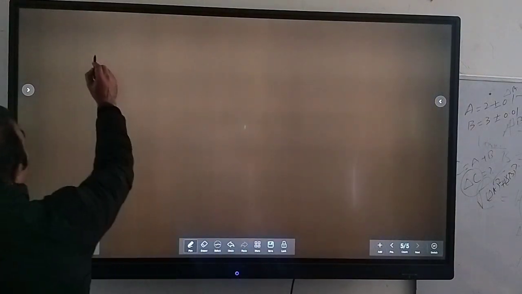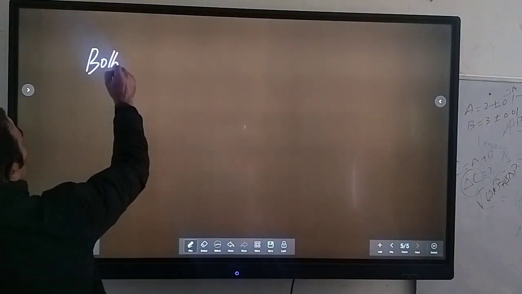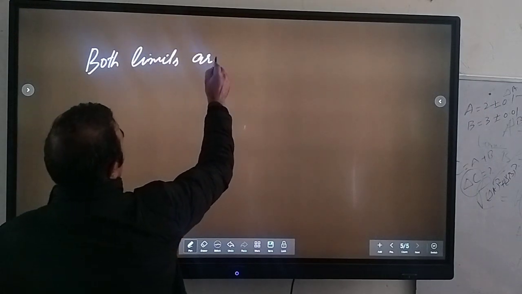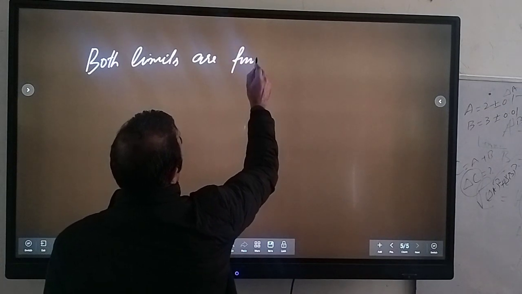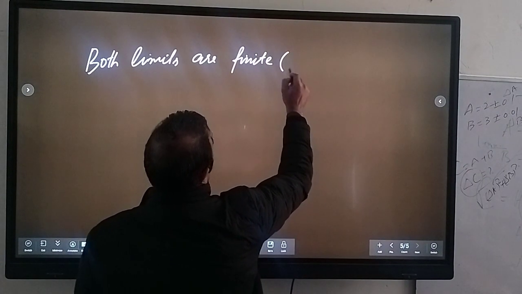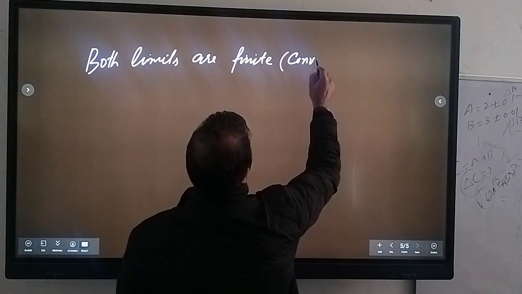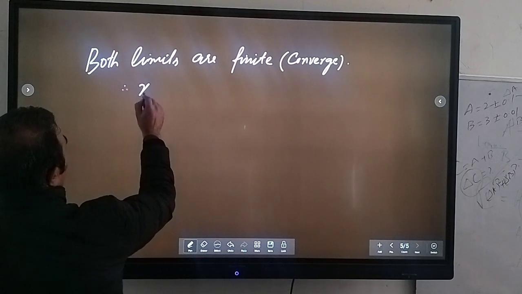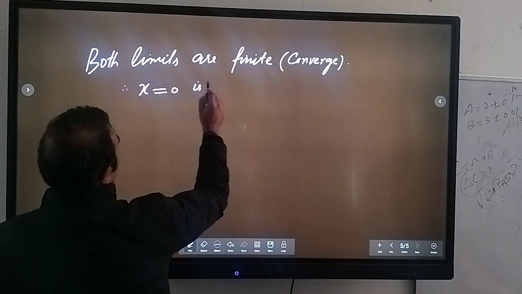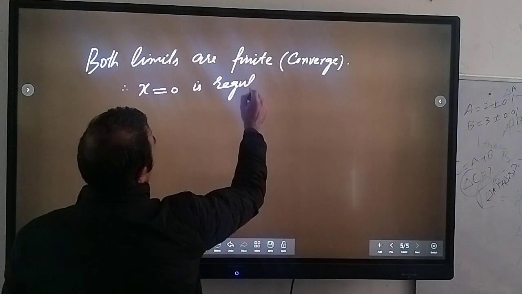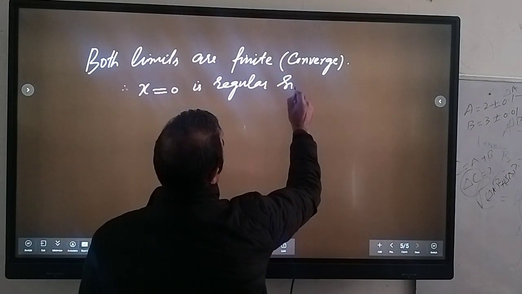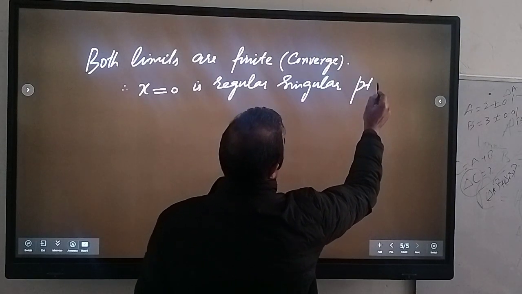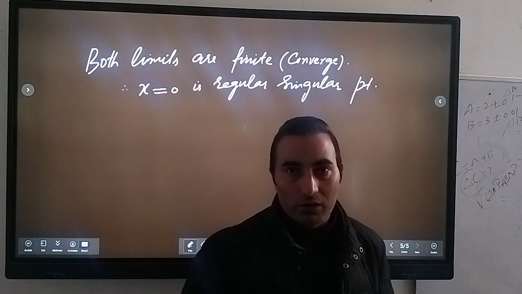So we can say that as both limits are finite, that means x equal to 0 is a regular singular point, right?